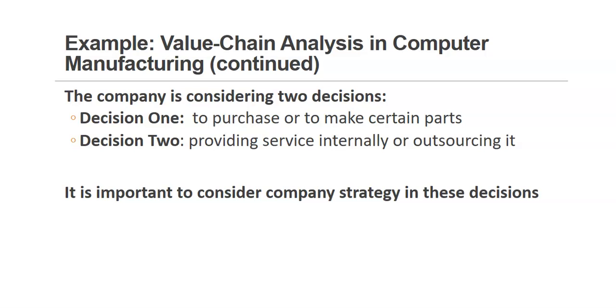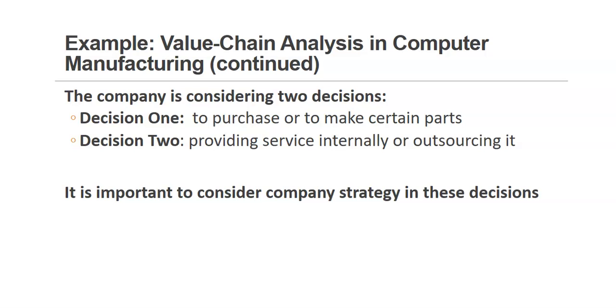So this company is considering two decisions. They're either going to purchase or outsource certain parts, or continue to make them. So this would be that make or buy decision, if you remember from Principles of Accounting 2 when we talked about make or buy decisions.